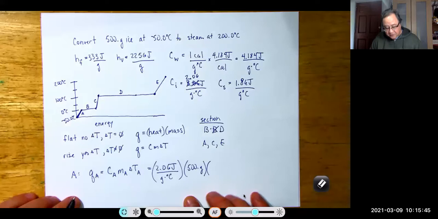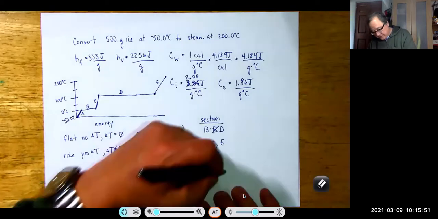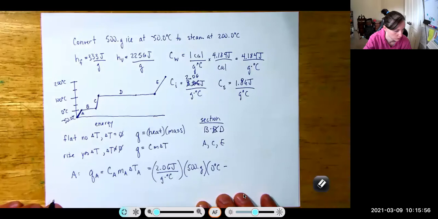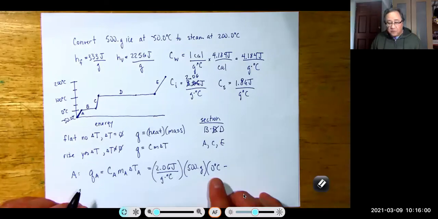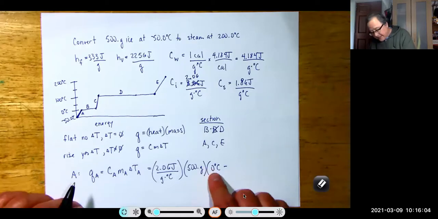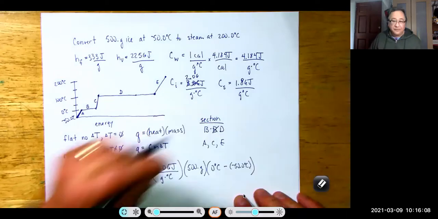And the change in temperature is always the final minus the initial. What's the final temp here? 0 degrees. And what's the initial? -50. Right. So this is a little weird. It's 0 degrees Celsius minus -50 degrees Celsius, so it's positive 50 degrees.